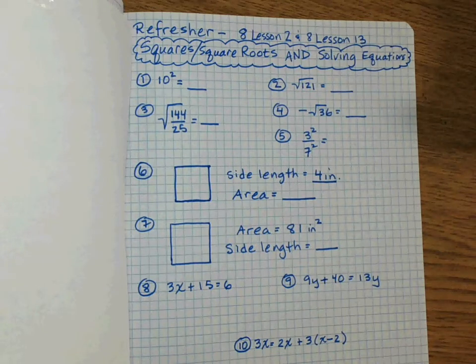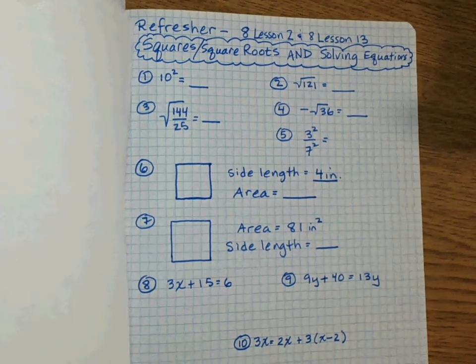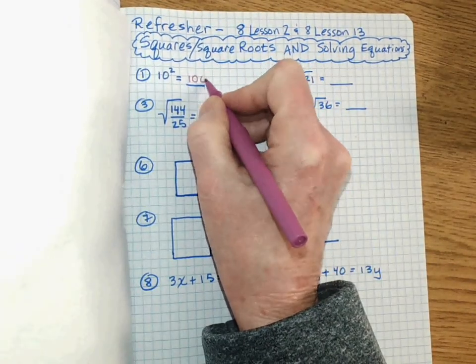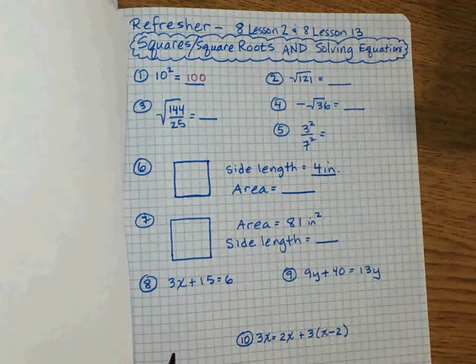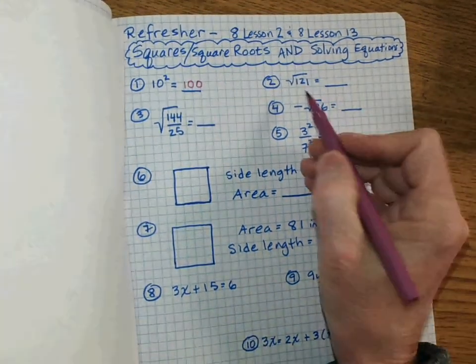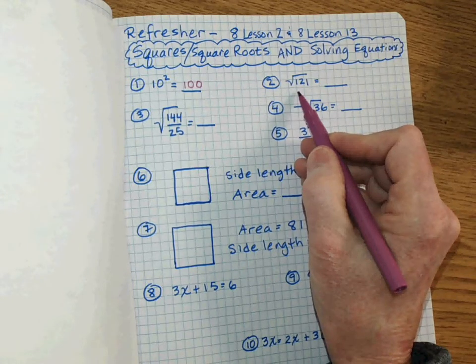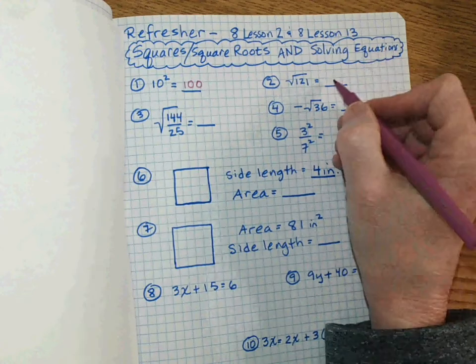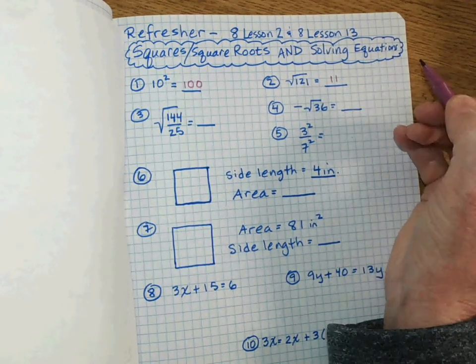The first question we have is 10 squared. That would be 10 times 10, or 100. And in this unit, I actually encourage you to use a calculator to check your answers. This means the square root of 121, which means which number times itself is 121, and that would be 11.